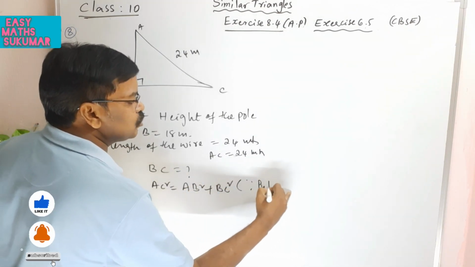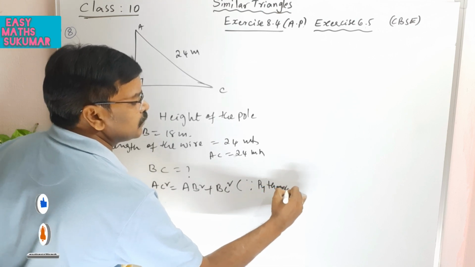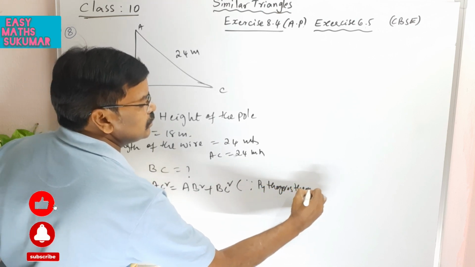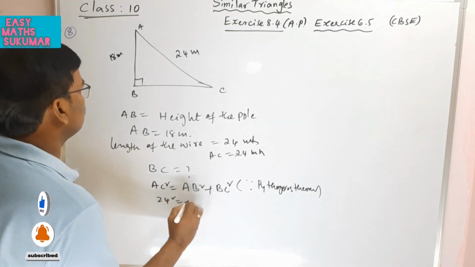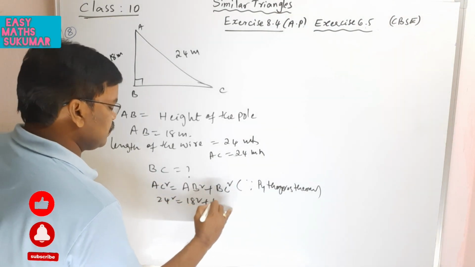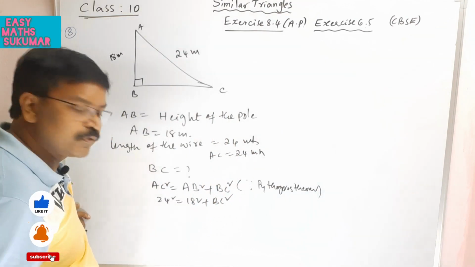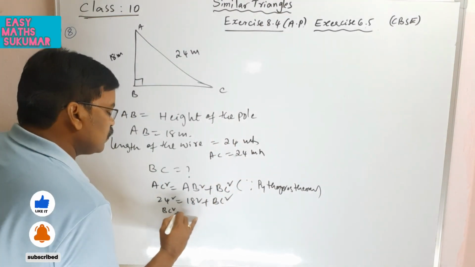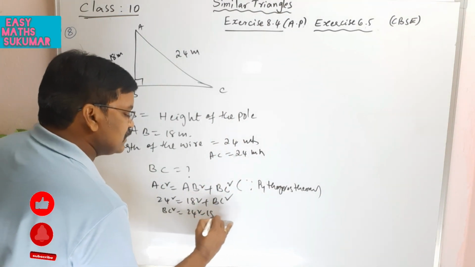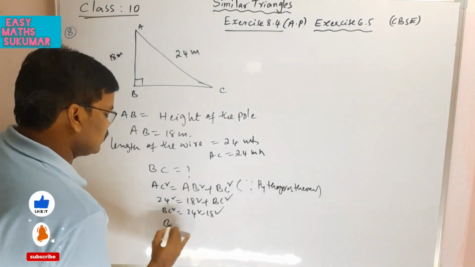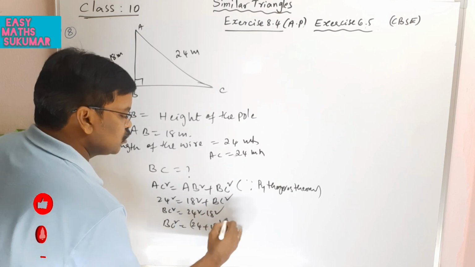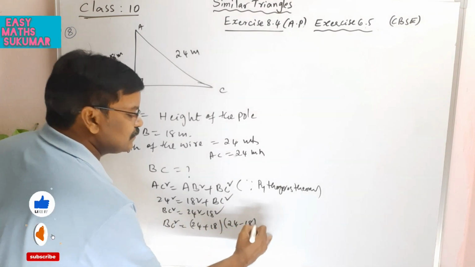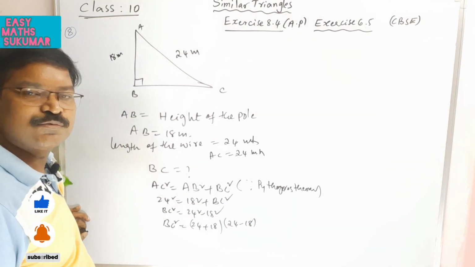That means 24 square is equal to 18 square plus BC square. So BC square is equal to 24 square minus 18 square. So BC square is equal to (24 plus 18) times (24 minus 18). Why? A square minus B square.